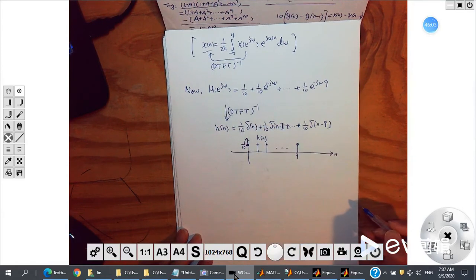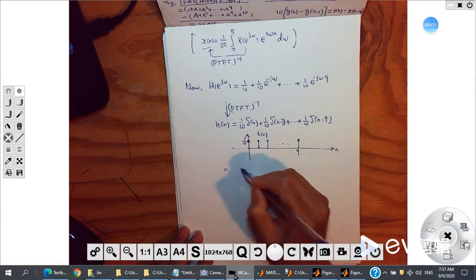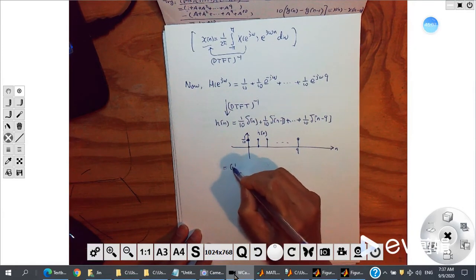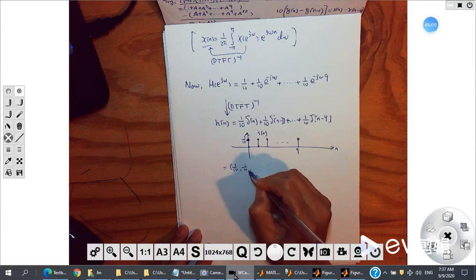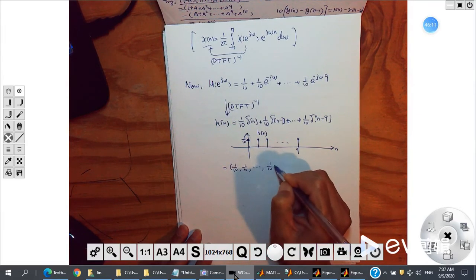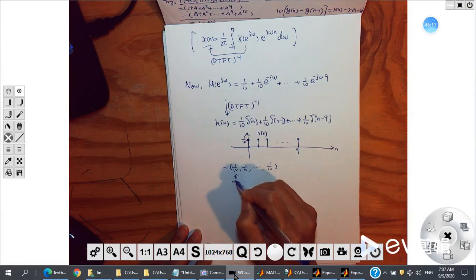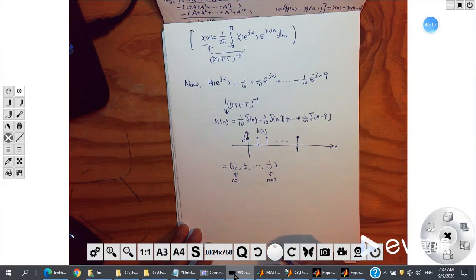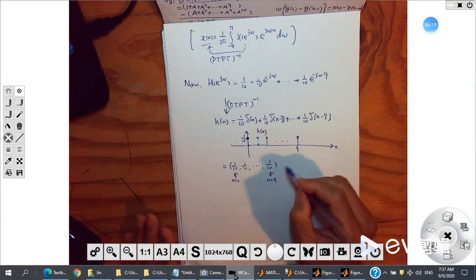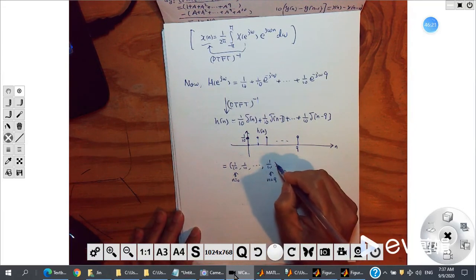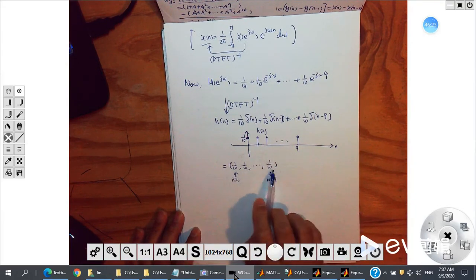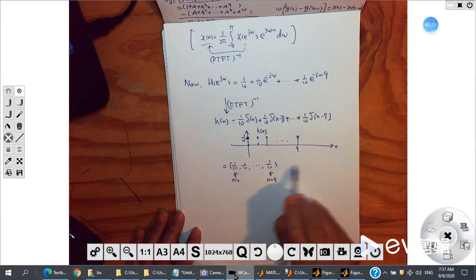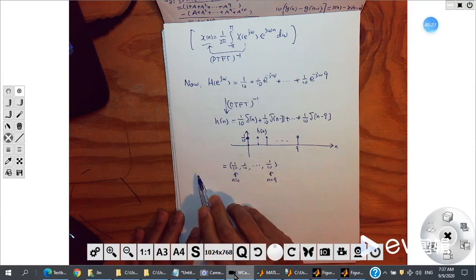You can also list the values: h of n equals 1/10, 1/10 until 1/10. This is n equal to 0, and this is n equal to 9. For the normal numbers, you can just write in this way. You do not need to put dot dot dot. Writing it this way means all the other values are 0. Alright.